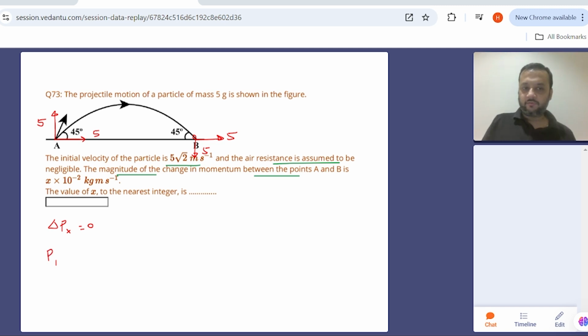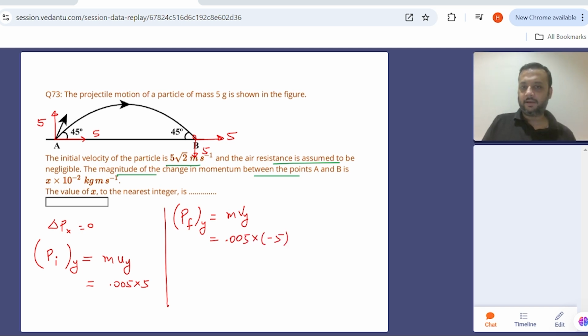But if we talk about y momentum, p initial along the y direction was mass into y velocity, mass into uy, which is 0.005 into 5. And p final in the y axis was mass into vy, which is 0.005 into minus 5, because the velocity has become downwards.